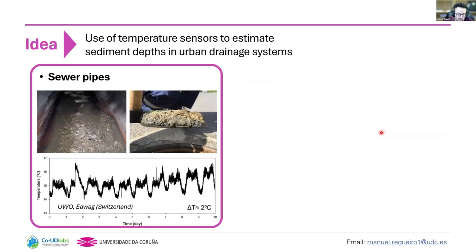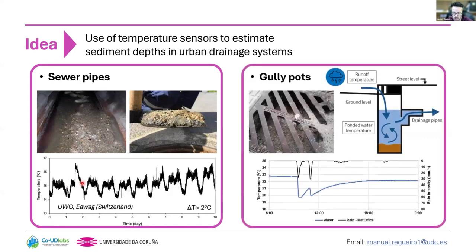The applications we looked at during these years were, on the one hand, sewer pipes, so the accumulation in sewer pipes. For that, we took some references of wastewater temperatures in sewers, and also gully pots, which was the other system we paid attention to. We also looked at how the temperature dynamics look.